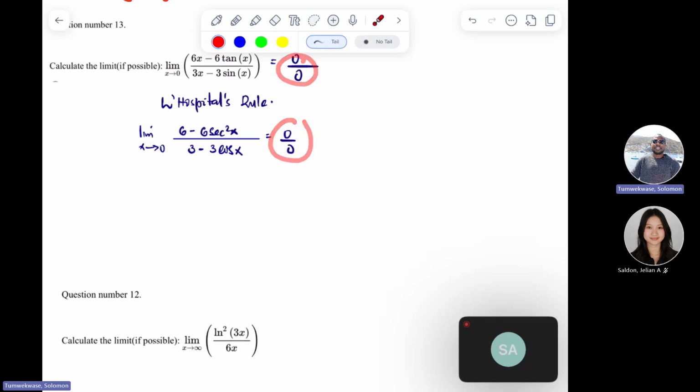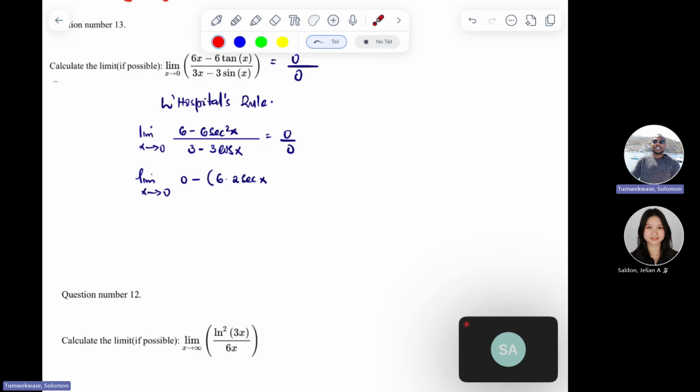Okay, so once again, I take L'Hopital's rule, so this will be limit as x approaches 0. When I take the derivative of 6, that is a 0. Then minus, I need to take the derivative of this guy here. 6 is a constant. The derivative of secant squared, that is 2 secant x, right?